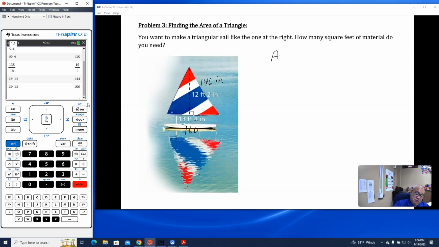Now to find the area, because that's what you have to find, the material that you need to make a sail, it's going to be considered area. It's going to be the base times the height, and then it's divided by 2. So you're going to get 146 times 160, and you divide it by 2.